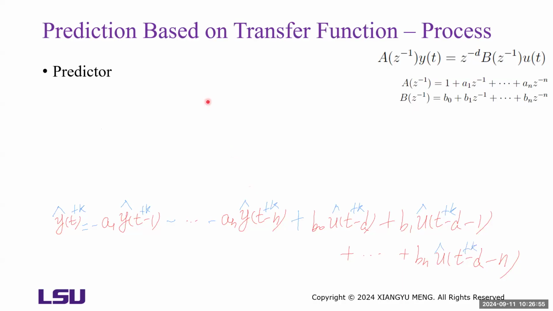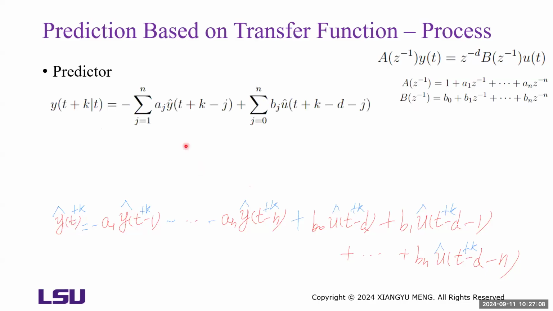So this is the general formula we are going to use to predict the future output k time steps ahead. So the output y t plus k, based on the current time t, will be negative, for j from 1 to n, a1 to an.